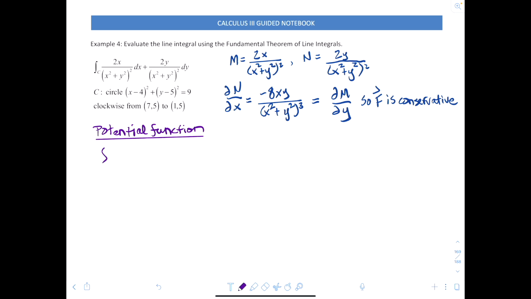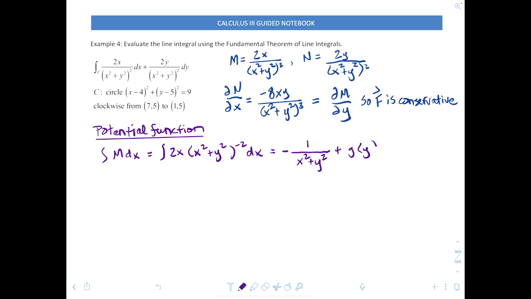The integral of M with respect to x, I have everything I need to integrate, because I'll have the integral of 2x times x squared plus y squared to the negative 2 dx. I need a 2x dx in order to integrate, so I'm good. So I will end up getting the power increased by 1. We'll have negative 1 over x squared plus y squared plus some function of y.